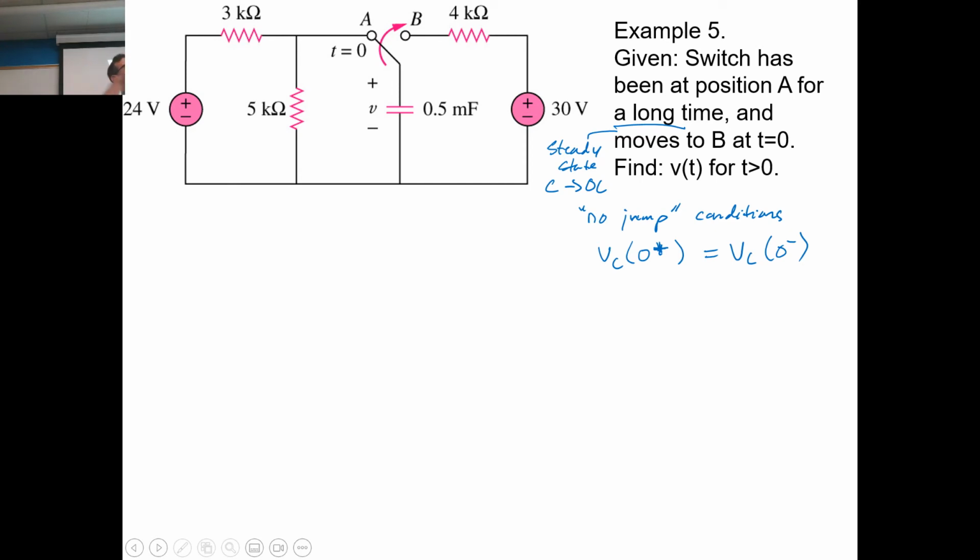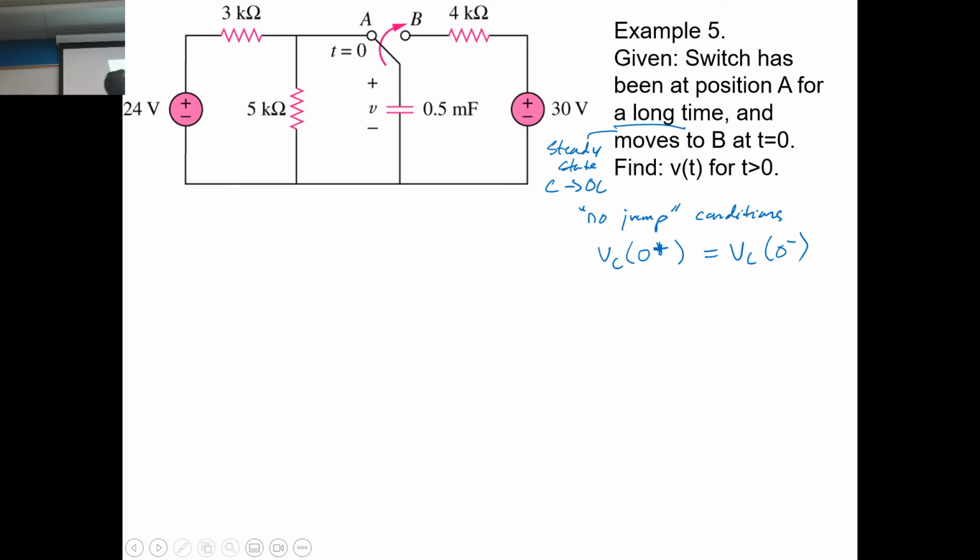Now it's an open circuit, you can take it out. You can imagine it not being there. How do you find the voltage across this? Trusty friend voltage divider. Find the voltage across the 5K, that's the voltage across the cap.